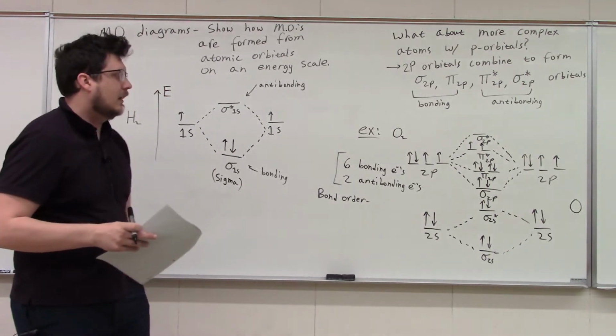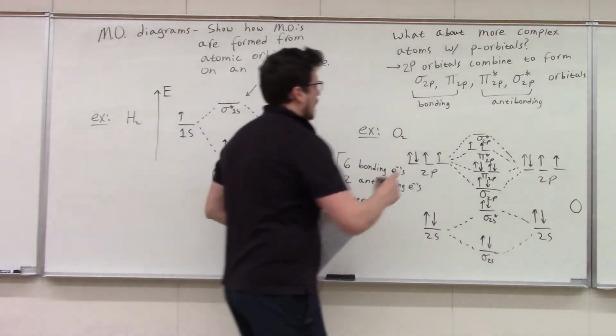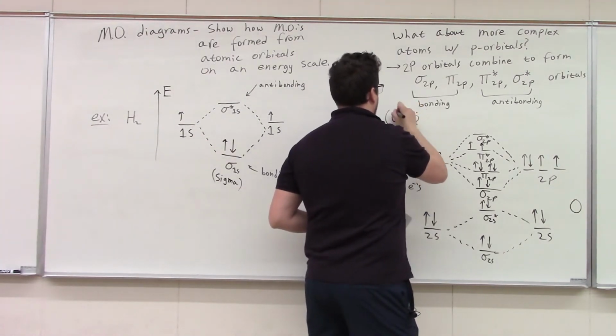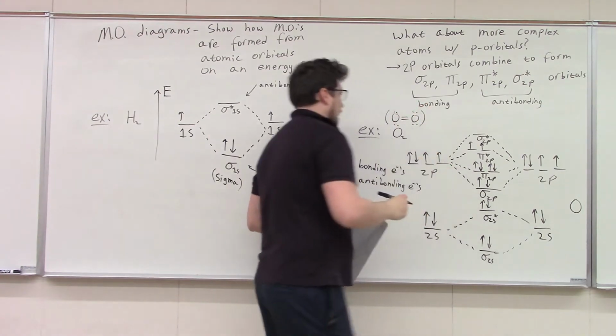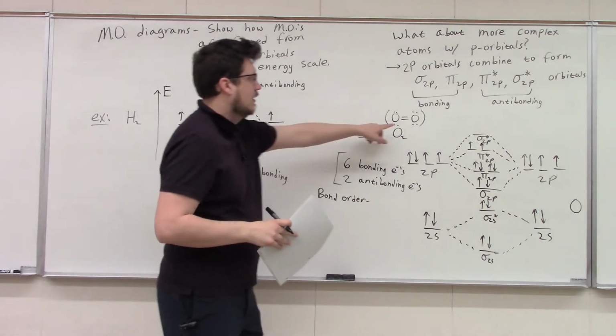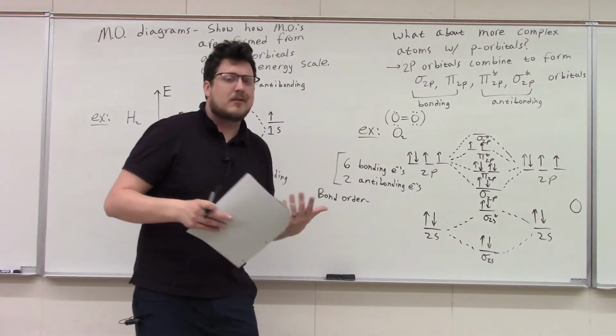And so what we have is, if we remember our Lewis structure, we go O, double bond O, lone pairs. So what we are looking at is a double bond. So we'd expect our bond order to be 2.